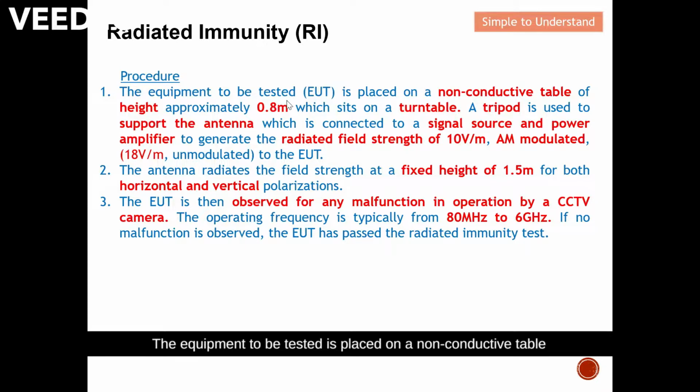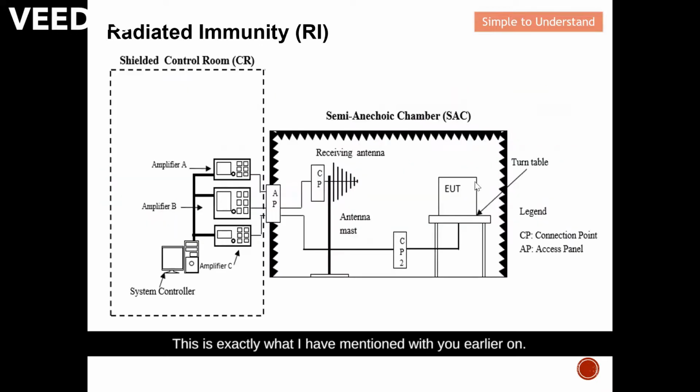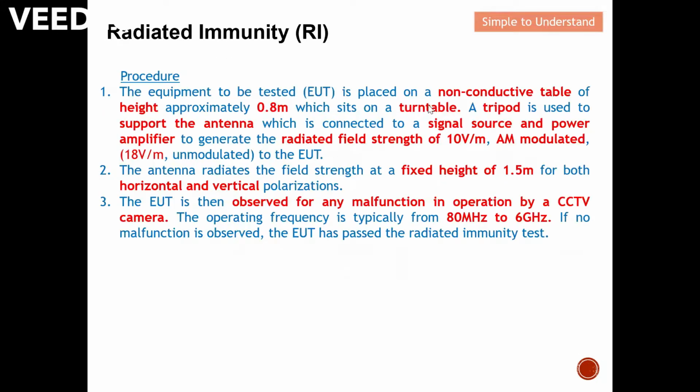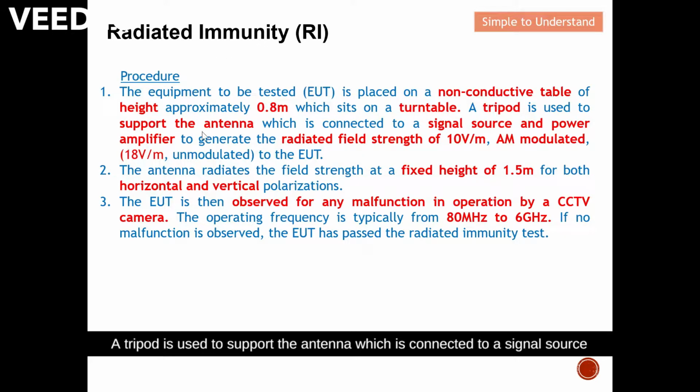The equipment to be tested is placed on a non-conductive table of height approximately 0.8 meter, which sits on a turntable. This is exactly what I mentioned earlier. A tripod is used to support the antenna, which is connected to a signal source and power amplifier to generate the radiated field strength of 10 volt per meter.